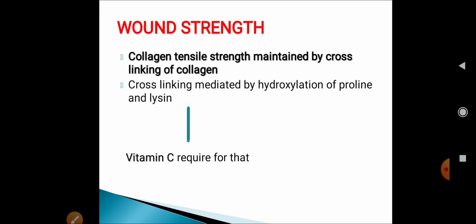Okay, now how will wound strength develop? After your wound is healed by the scar tissue, it needs to acquire strength.